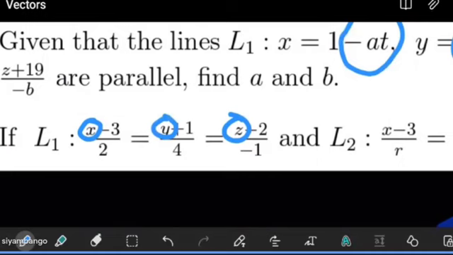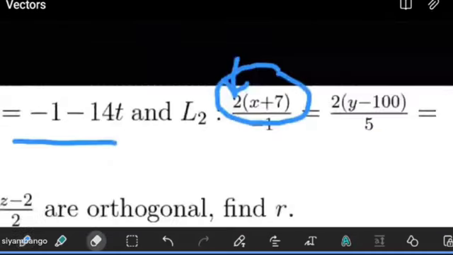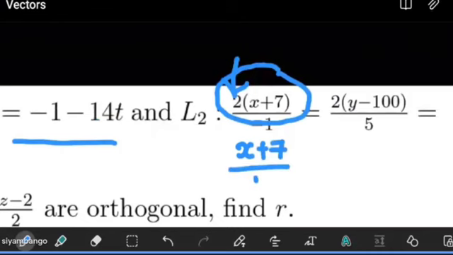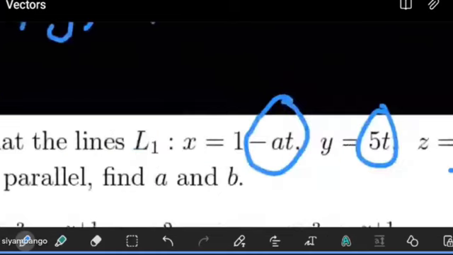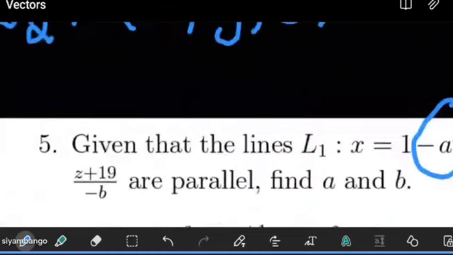So in other words, this part here is actually supposed to be x plus 7 over 1 over 2. Same thing here. This is y minus 100 over 5 over 2. But the last one doesn't have the fraction. It's just z plus 19 over minus 7.